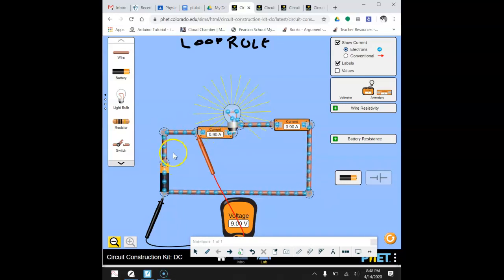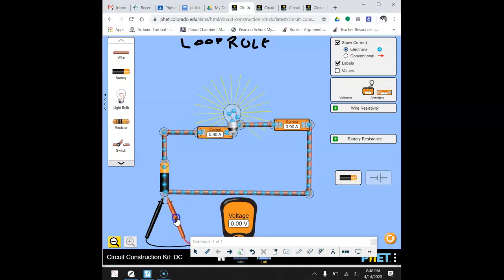We're considering our wires and our ammeters to be like an electric circuit equivalent of our frictionless surfaces first semester. So first semester we would say something had friction that was small enough to ignore. We're kind of saying that same thing about these wires and this ammeter. The electrical friction or the electrical resistance is small enough to ignore on all of these. So 9 volts, 9 volts, 9 volts, 9 volts.